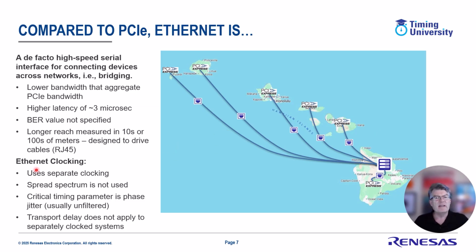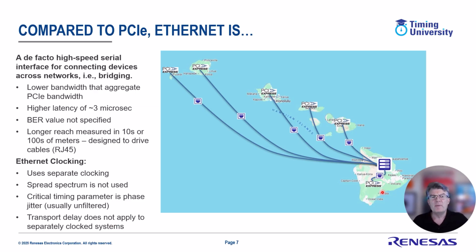Ethernet clocking uses separate clocking. There is no clock in the Ethernet cable. Spread spectrum is not used, and the critical timing is usually phase jitter, unfiltered, usually between 12 kilohertz and 20 megahertz. And then, because this is always separate clock for Ethernet, transport delay does not apply. Later on, we'll show why that is.